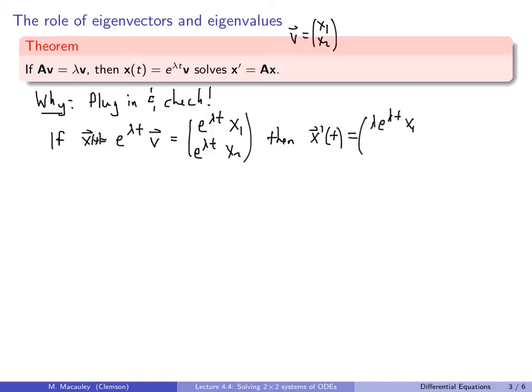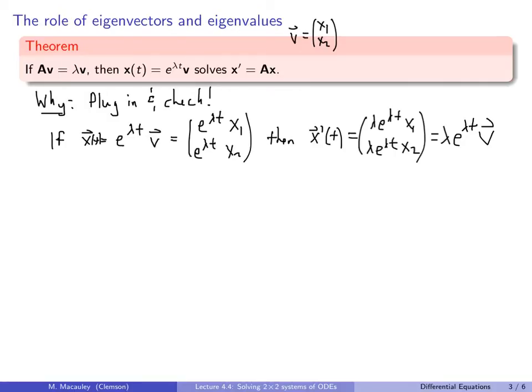And the bottom is lambda e to the lambda t times x2. We can pull out the constant, and we can write this as lambda times e to the lambda t times v.